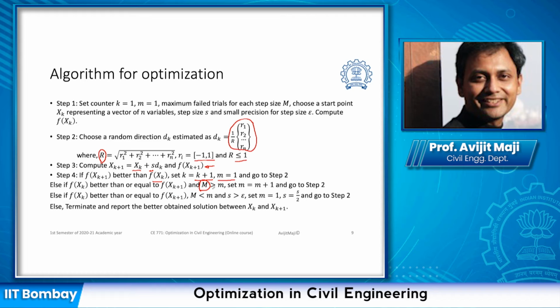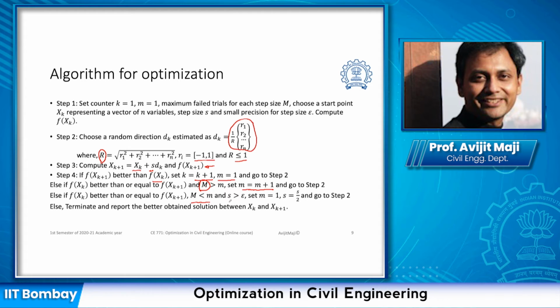If we have reached that maximum number, then we need to do something else, but if we haven't, then we need to increase that counter m by 1 and then go to step 2 to find another direction to search. And by chance, if we max out the number of failed trials, then we have to go for this condition where we are saying that it has exceeded the failed trials.